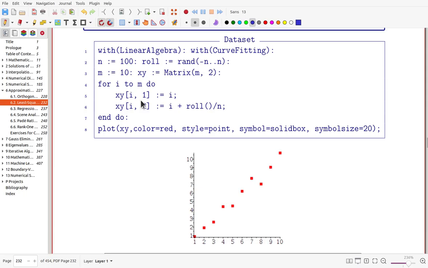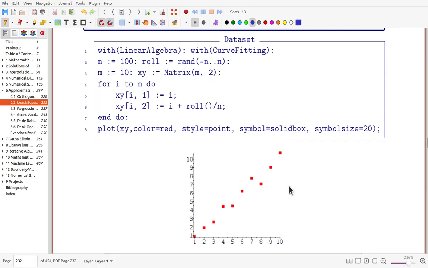The X value in the first column is i, moving from 1 to M, which is 10. And the Y value in the second column is i plus a random integer generator value between -1 and 1 divided by M here. So it is a perturbation from a straight line.